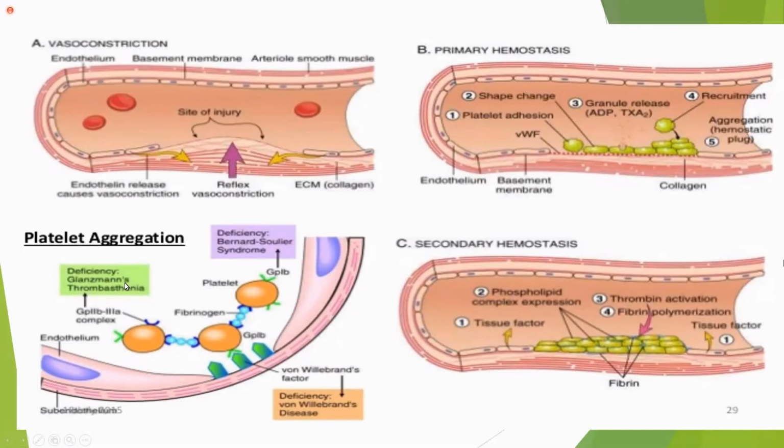While Glanzmann thrombasthenia is caused by another receptor, which is again lying on the platelets, the glycoprotein 2b3a complex, and it binds the fibrinogen. This is the fibrinogen. So this is the difference between the two. 1b binds to the von Willebrand factor, while 2b3a binds to the fibrinogen, and both are involved in platelet aggregation.